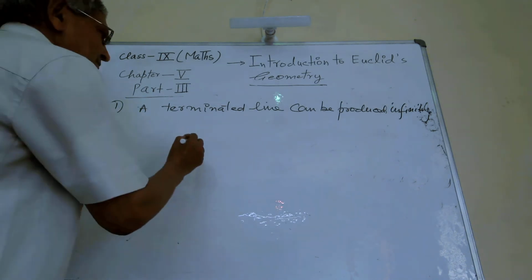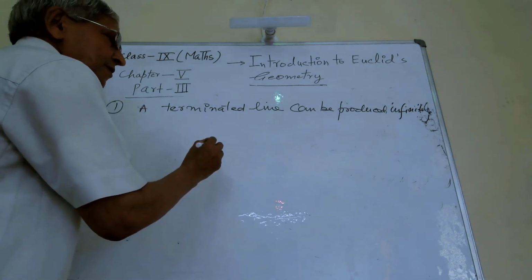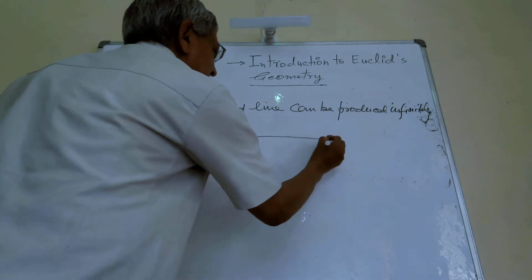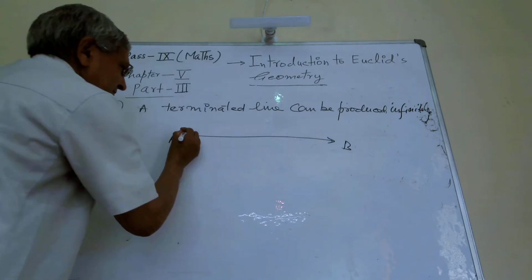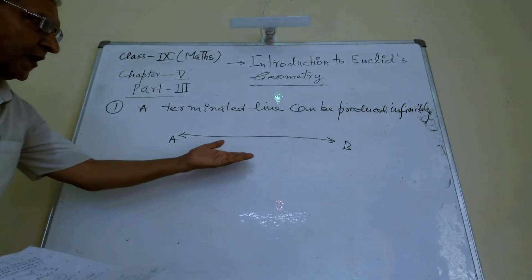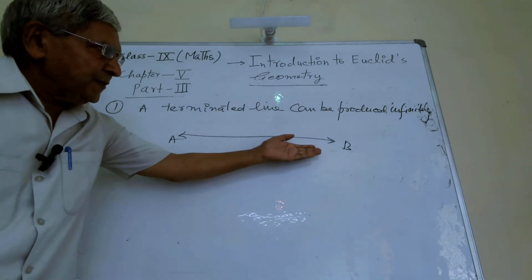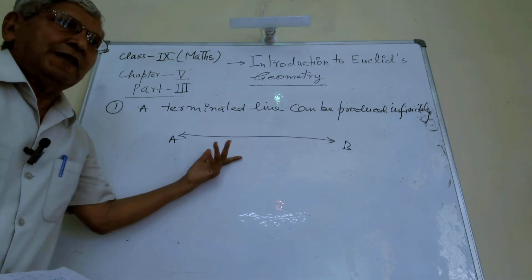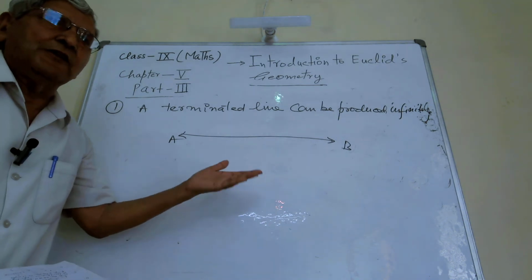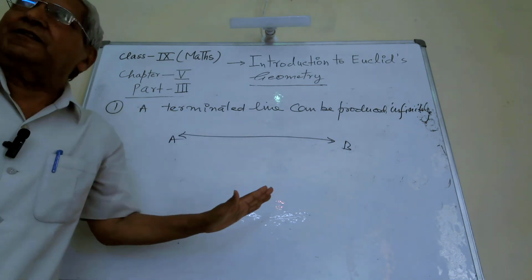Here, I want to make this concept clear from a line. This is a line, AB is a line. By definition, a line can be extended infinitely on both sides.